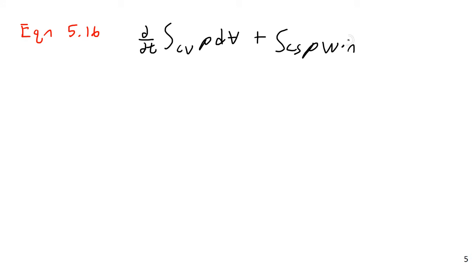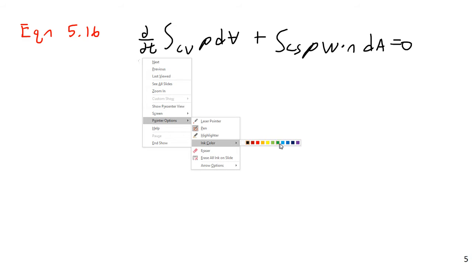And so I have d dt, or the partial with respect to t, across the control volume of rho dV, plus the integral across the control surface of rho W dot n dA, and this is equal to 0. So this is the general form of the continuity equation.